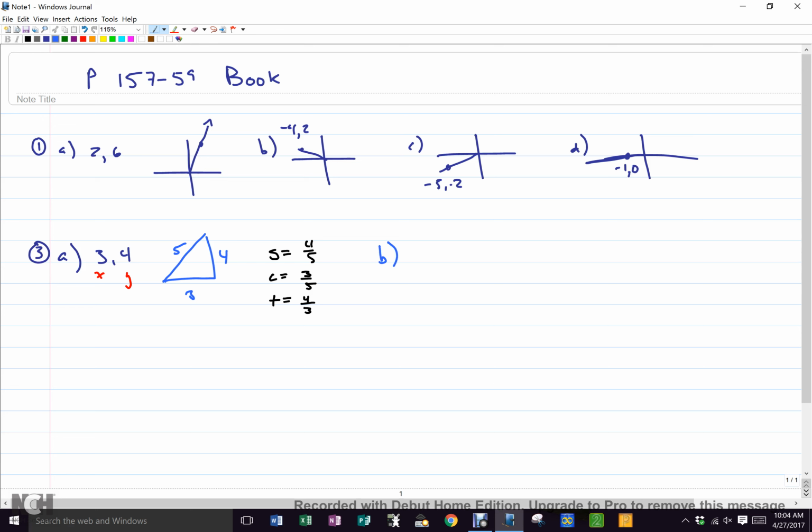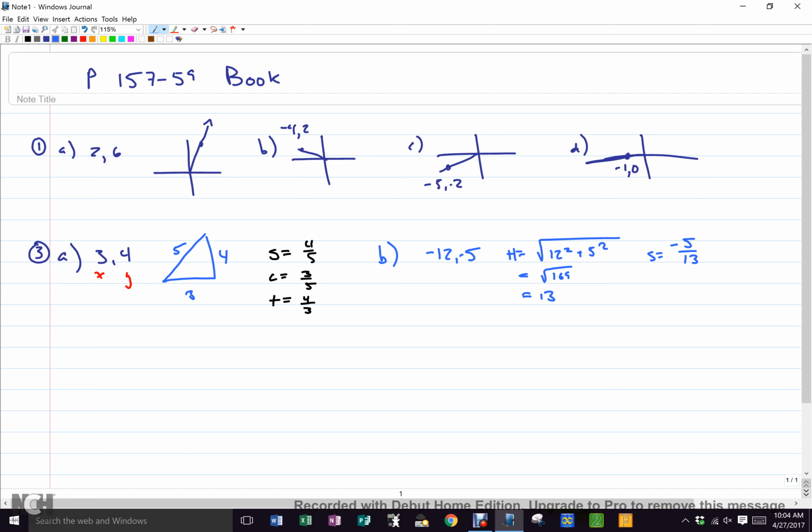B was (-12, -5). So your hypotenuse, your h, is the root of 12 squared plus 5 squared, which is root 169, which is 13. So your sine is negative 5/13.